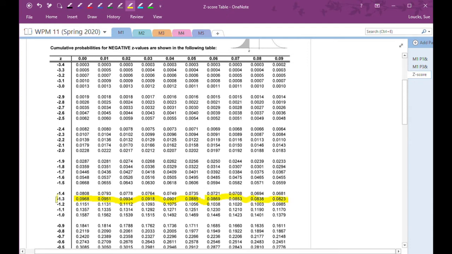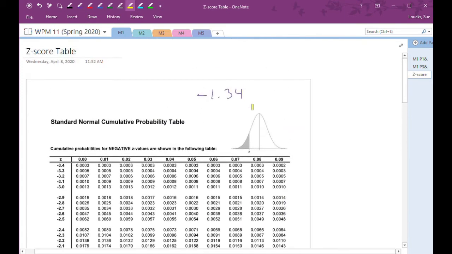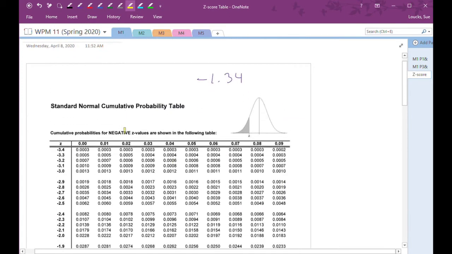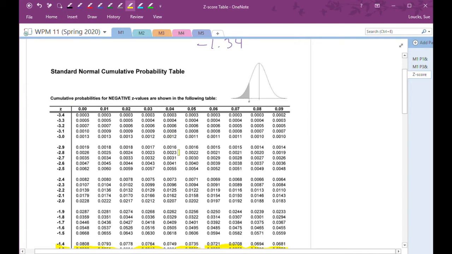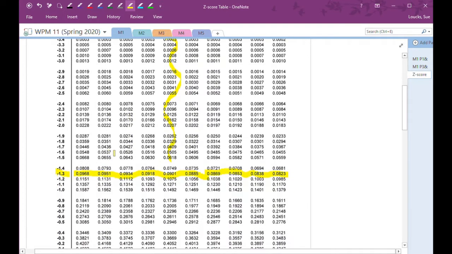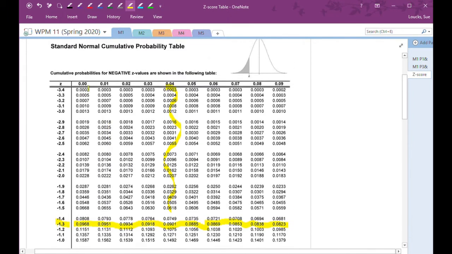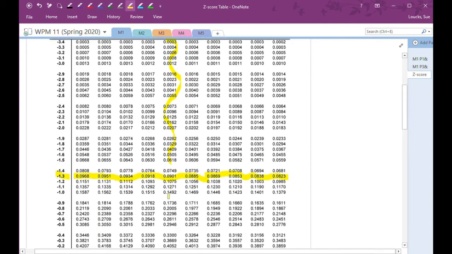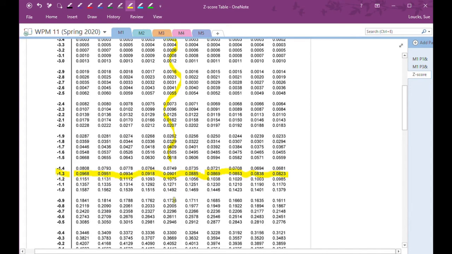Okay, there's the 1.3, and it's going to be in the column of 4, so it's going to be on this column somewhere. Be careful, because this is actually the 5th column. Don't just count over 1, 2, 3, 4, because the first column is 0.00. So it's going to be this column.